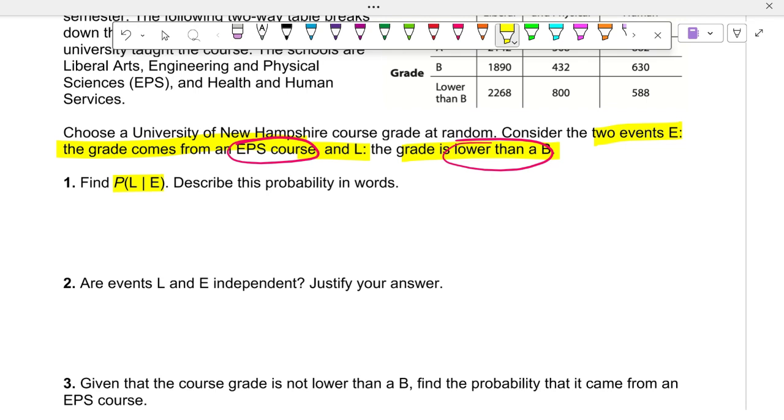Because L is the amount of people who got under A, B, and E is that you're taking that. So it's L given E. All right, and let's come back together.